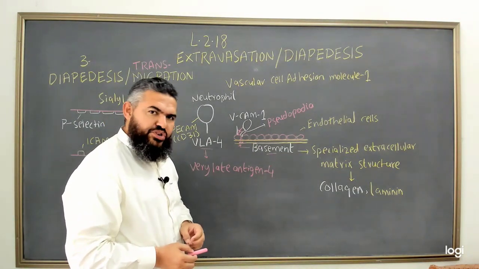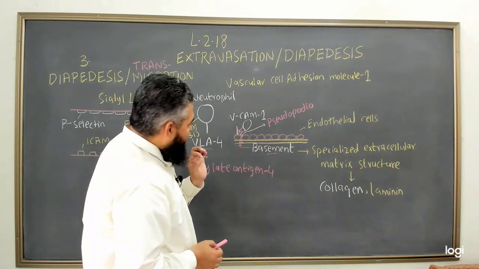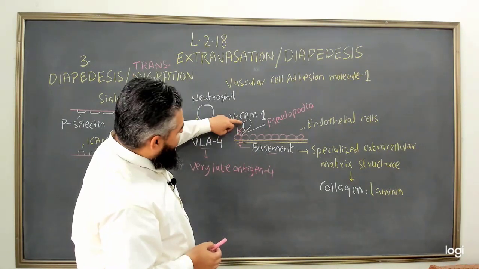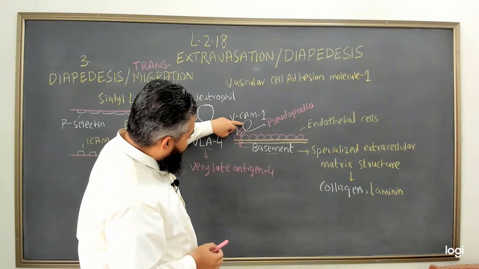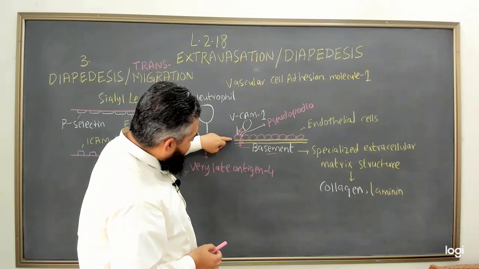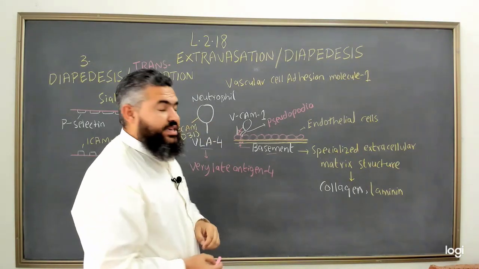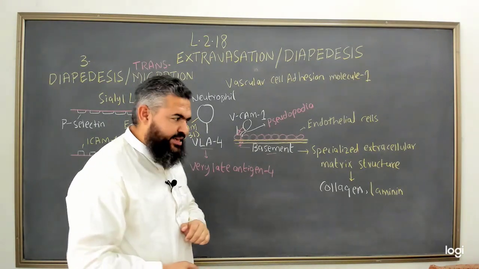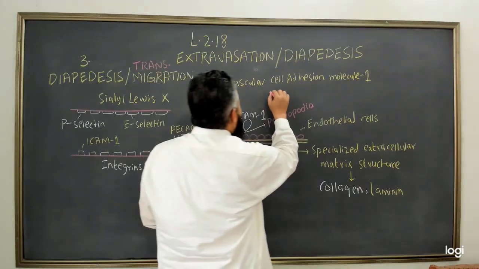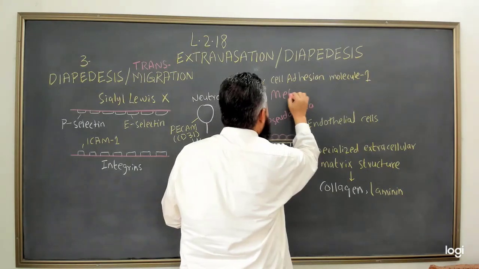So, how is that going to be achieved? These activated endothelial cells as well as these neutrophils are producing a specialized class of enzymes which are known as the metalloproteinases.